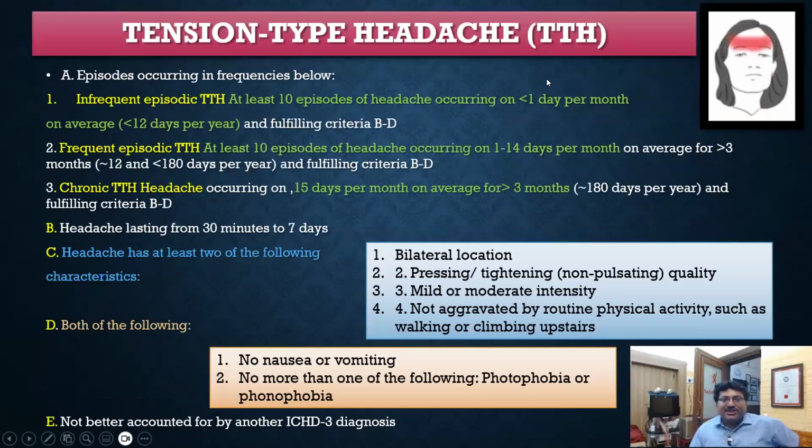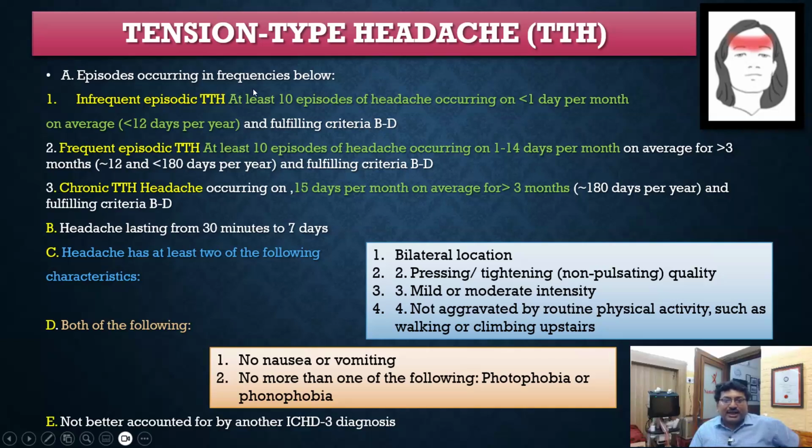Next comes the tension type headache. Again, in A, it is episodes occurring at the frequencies below. Number 1, infrequent episodic TTH: at least 10 episodes of tension type headache occurring on less than 1 day per month, on average less than 12 days per year, and fulfilling criteria B to D. B to D is the main thing, and it is divided into infrequent episodic, frequent episodic, and chronic.